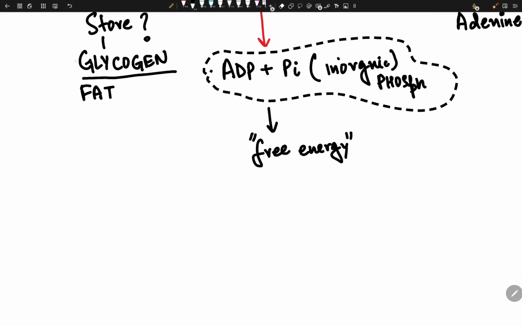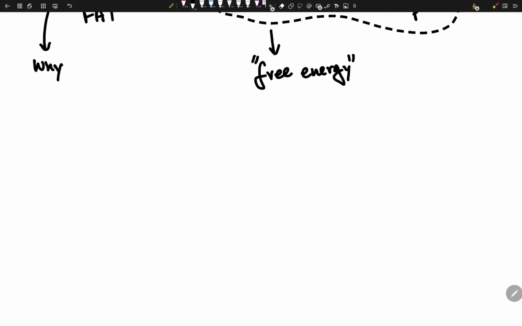Now you must be asking, Shashwat, why glycogen? Why not, I don't know, something else? That's a very strong question, right? Why glucose, the glycogen, glucose, right? It's the body's favorite. Why not amino acids? Why not cholesterol, right? Why glucose?